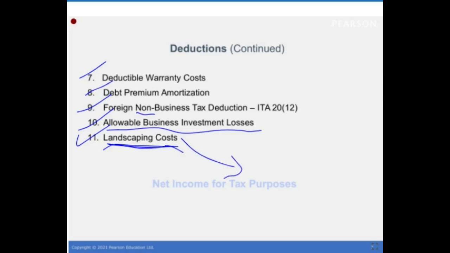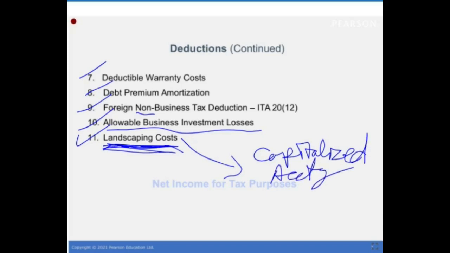A lot of companies would capitalize, saying that these landscaping costs will be of value to the company for 5, 10, 15, 20 years or whatever. For purposes of tax, you can deduct the whole cost when it's incurred. So it'd be capitalized for accounting purposes, but deducted for tax purposes. So that's just a bit of an oddball one.